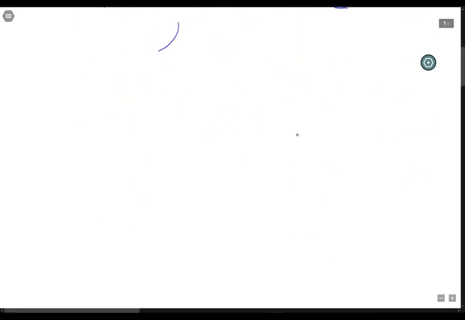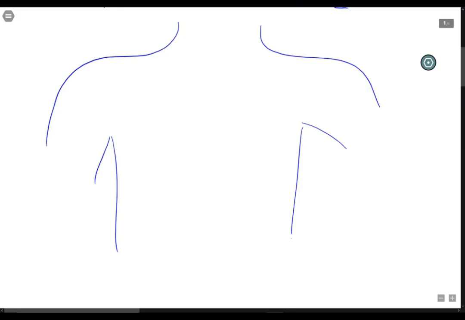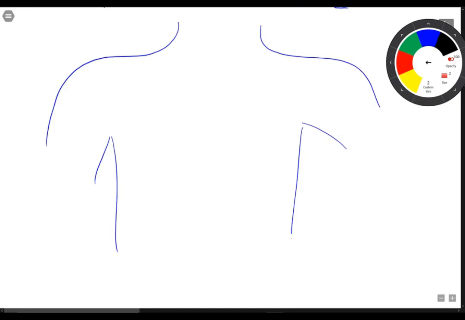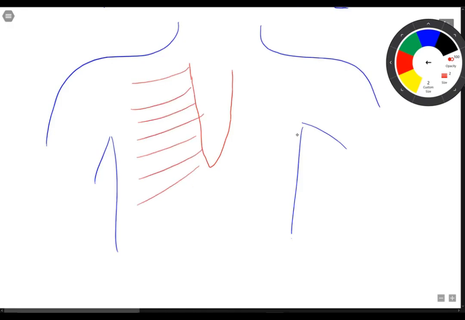Well, let's come down here and take another look. So we place 6 additional electrodes on this individual. And what I'm going to do is just do a rough sketch of this individual's sternum. So let's just assume their sternum is right here. And they have ribs, of course. And so I'm just doing a rough sketch of some ribs here.